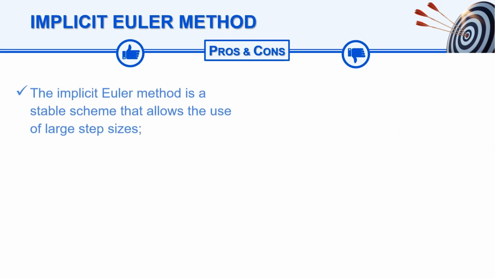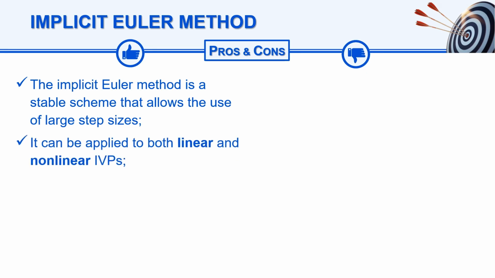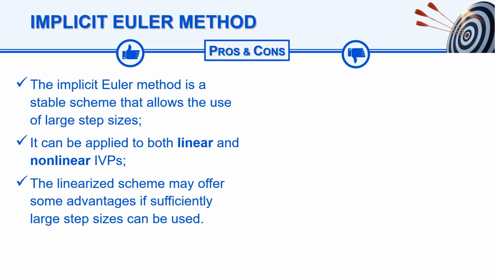The advantages of the method are: the implicit Euler method is a stable scheme that allows the use of large step sizes. It can be applied to both linear and nonlinear IVPs. The linearized scheme may offer some advantages if sufficiently large step sizes can be used.